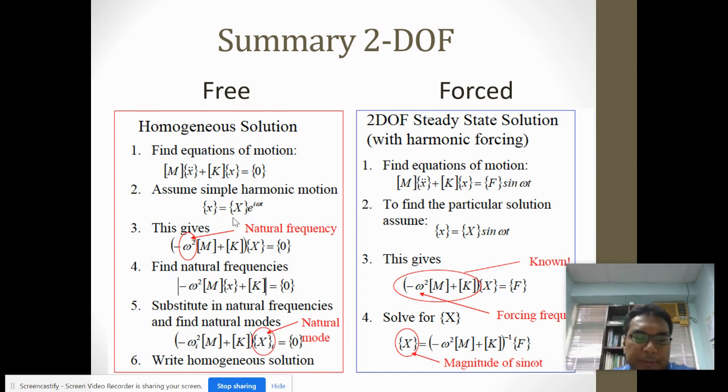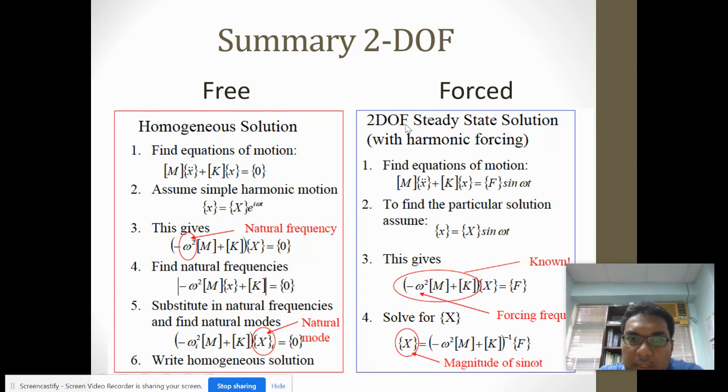And then for the natural frequency, we determine the natural frequency, and then later we replace the natural frequency into the equation of motion, and then we can get in terms of mode shapes. Okay, this is equal to 0, where we can find that.